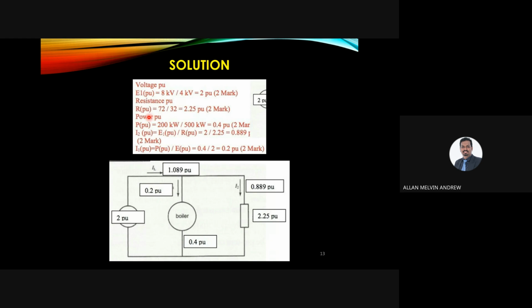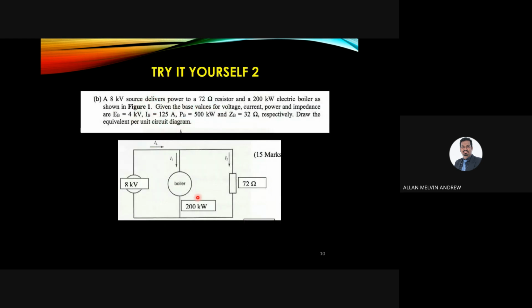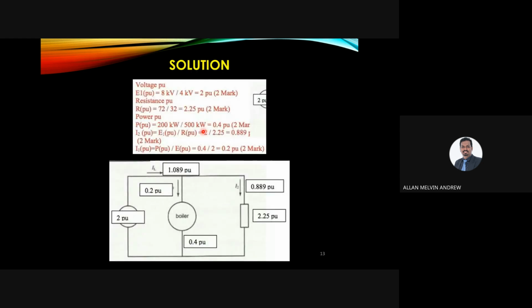Then the power is given as 200 kilowatt, and here the power is supposed to be S. Sometimes they use P also if it's not complex power. The base is 500 kilowatt, so 200 divided by 500, you get 0.4 pu.